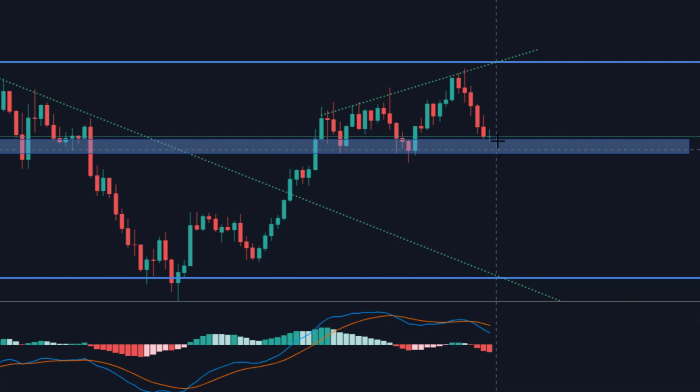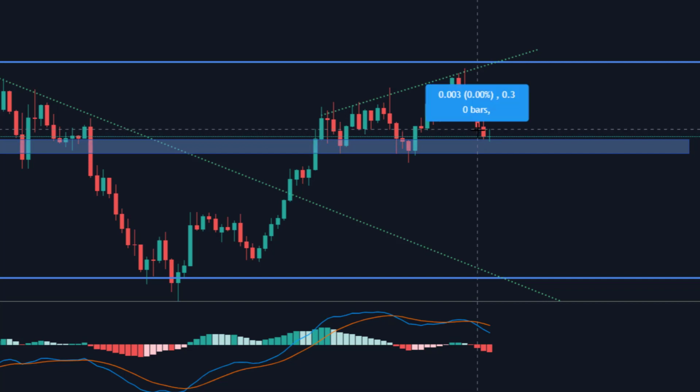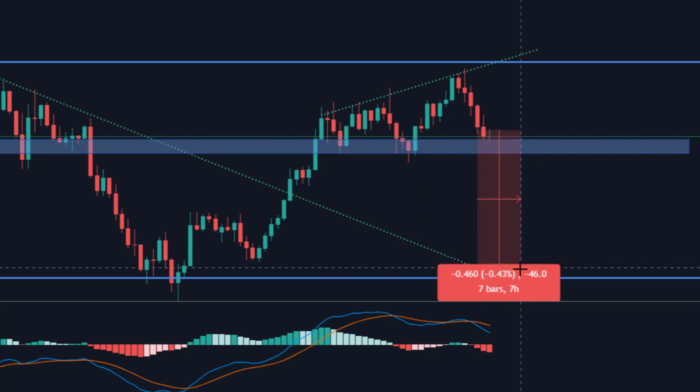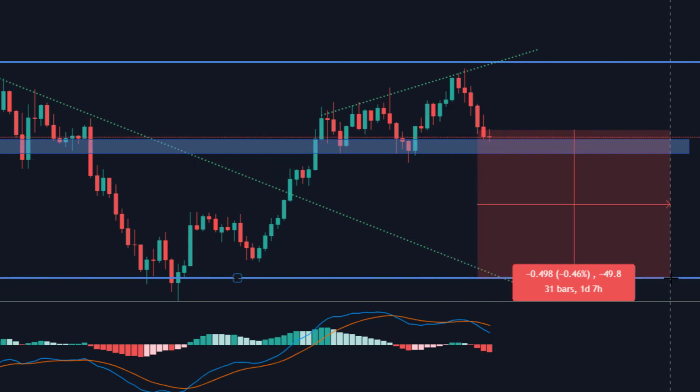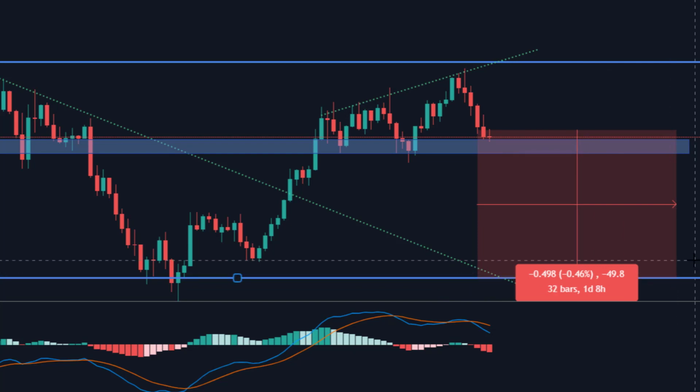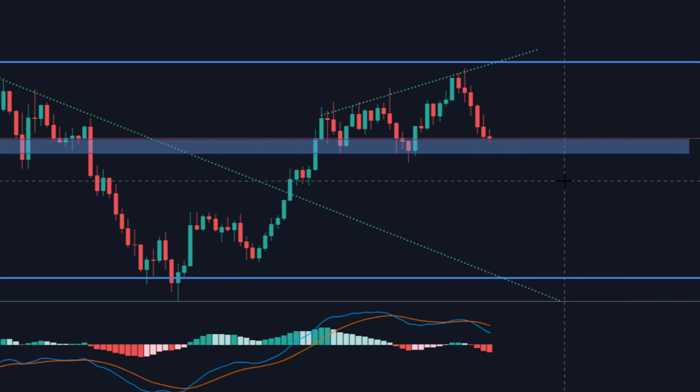So this is a clear signal that the market is going to go down, touch this support, let's say 50 pips, maybe in one day or less. So yeah, it's going to close below this support and go down.